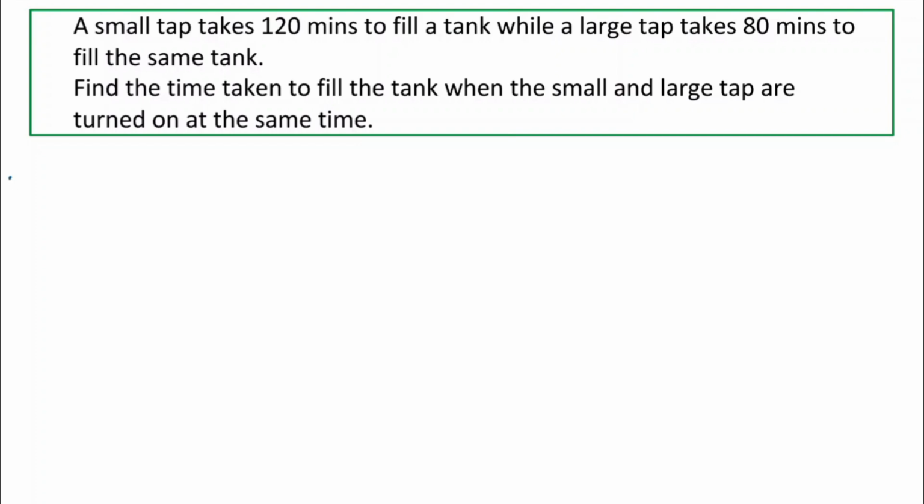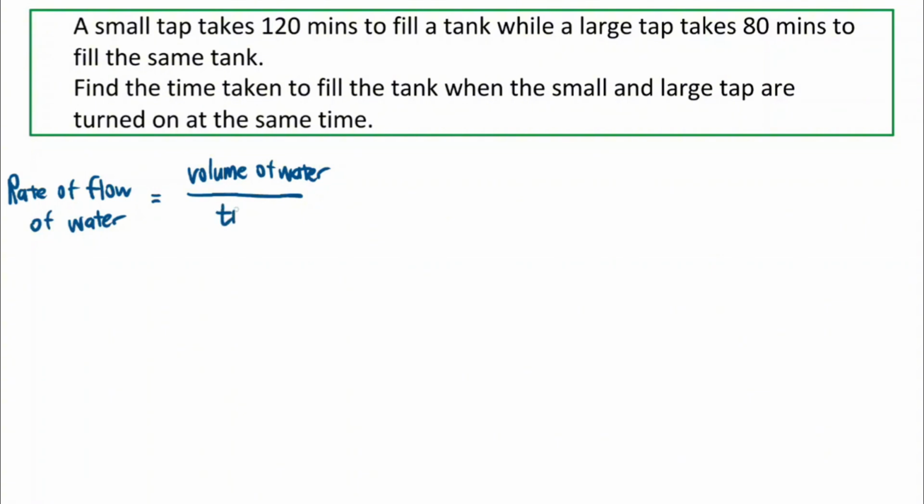So the first one would be rate of flow of water. This one is actually the rate of flow of water in the tap, so it measures how fast the water is flowing through the tap. We can write this as volume of water divided by the time taken.